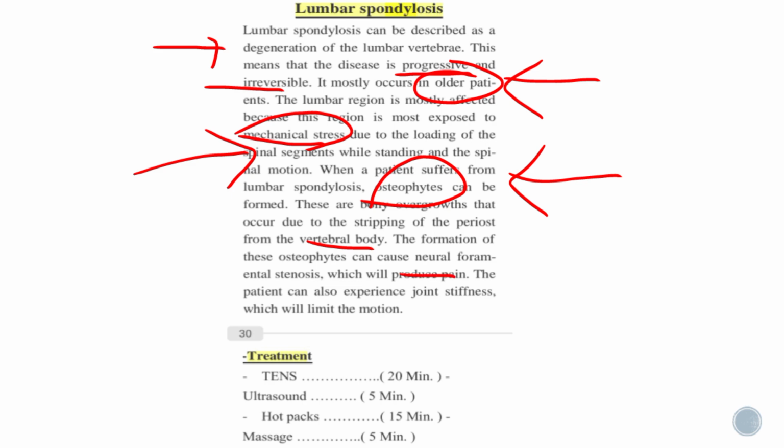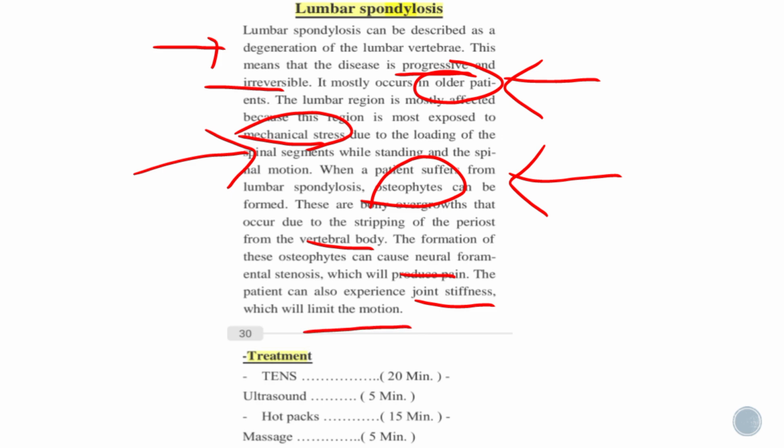When the spinal cord compresses due to any stenosis and the nerve compresses, there will be nerve problems, sensations or pain produced. The patient can also experience joint stiffness, which will limit the motion.